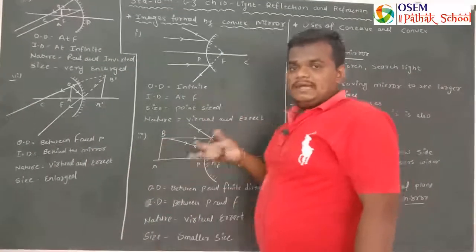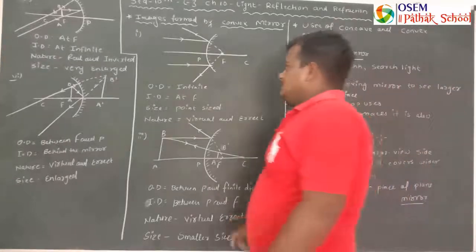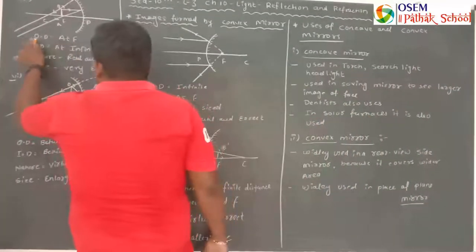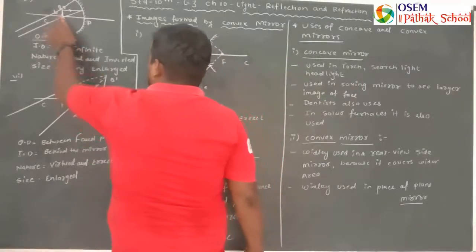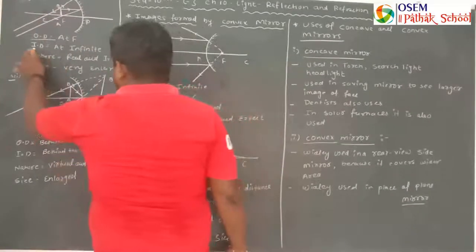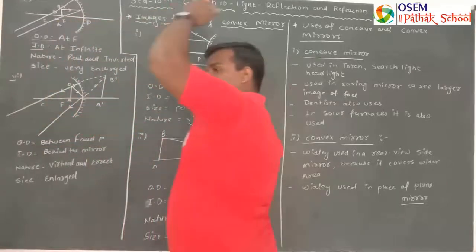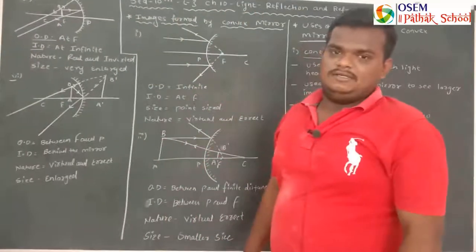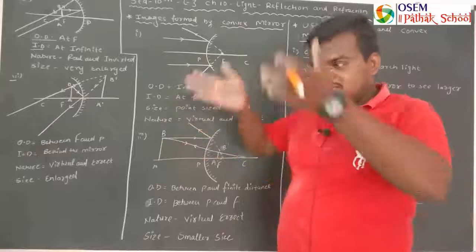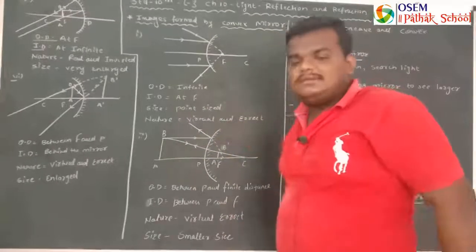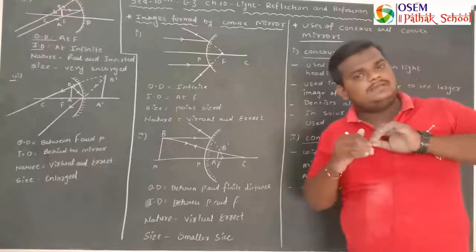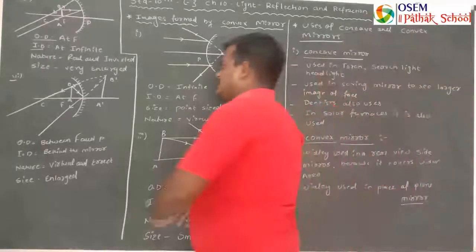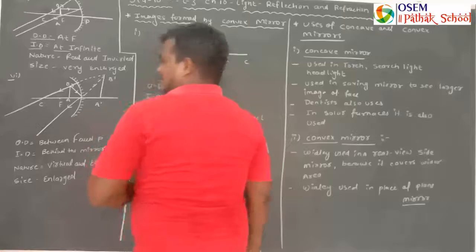What characteristics can we write here? Object distance: it is placed at F. Image distance is obtained at infinity. We can't measure it because these 2 parallel lines never meet one another, so it forms the image in a far direction.